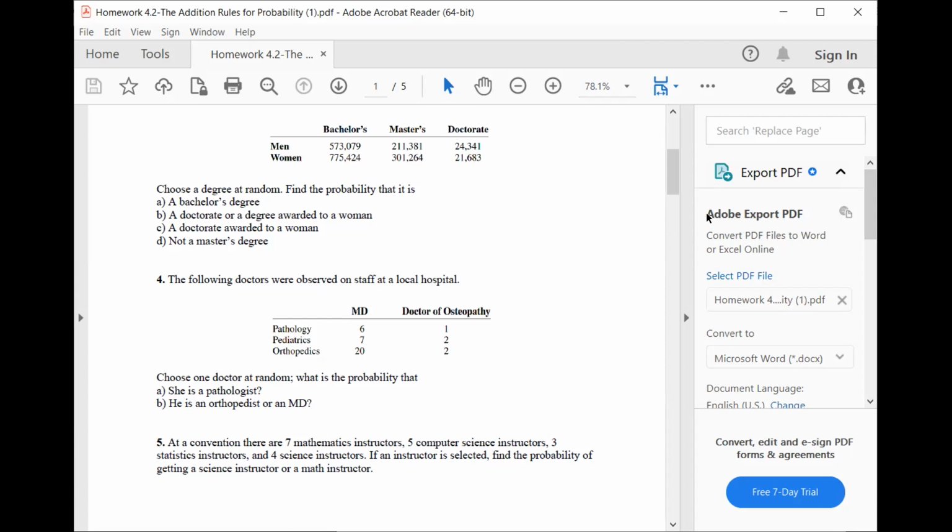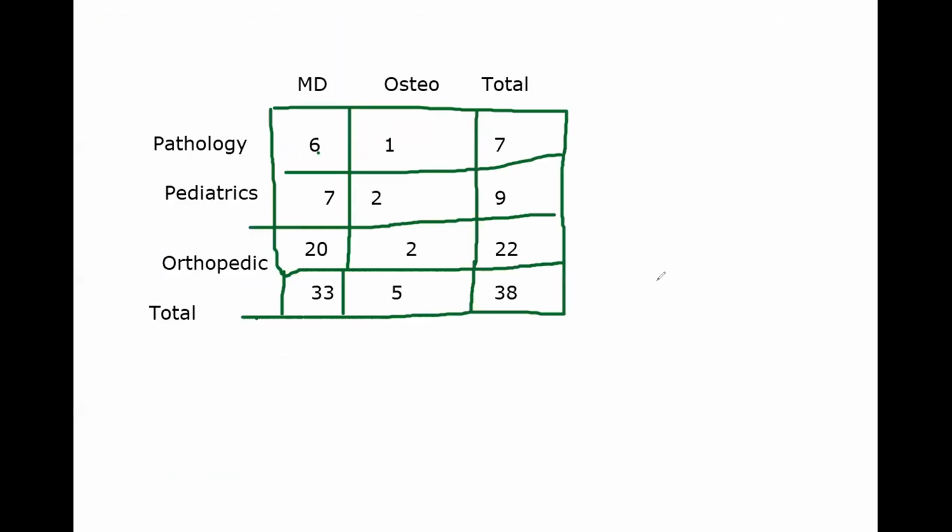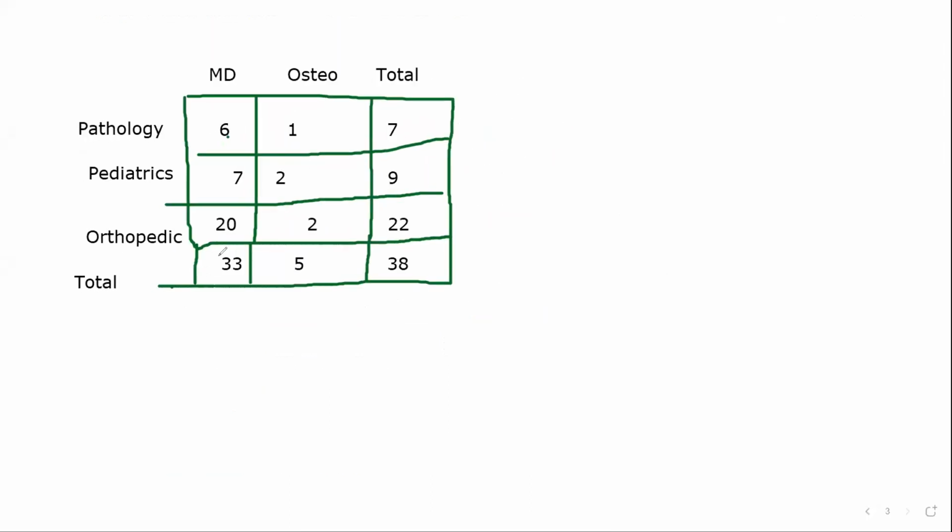And how many doctors altogether? The question was the probability of being a pathologist. You said 6 pathologists. That's right. Out of how many?